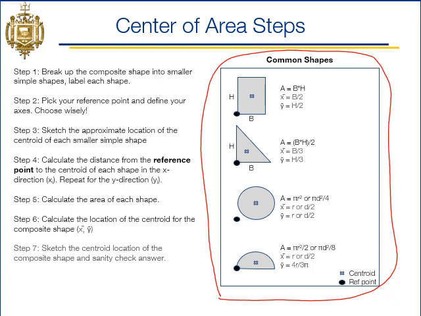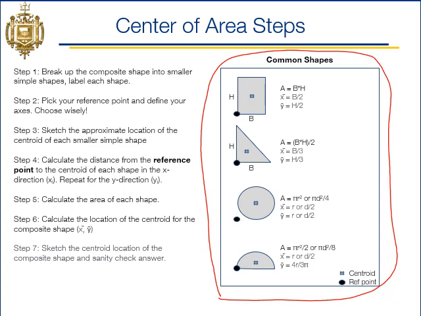So we've got a reference point, and this little chart is going to tell you the area of each shape and the values of the x and y coordinates with respect to these reference points to the centroid.